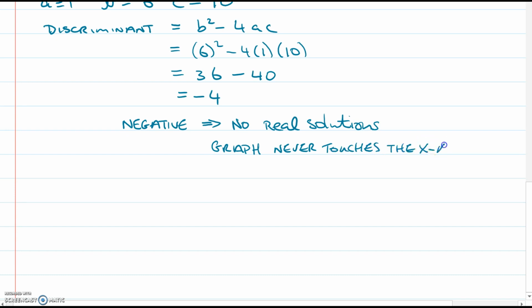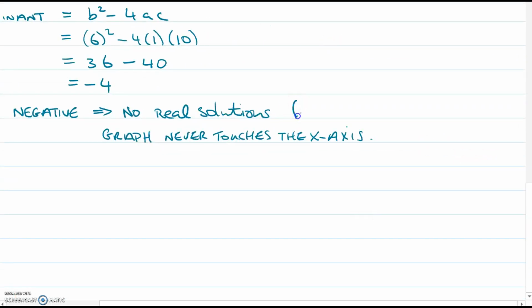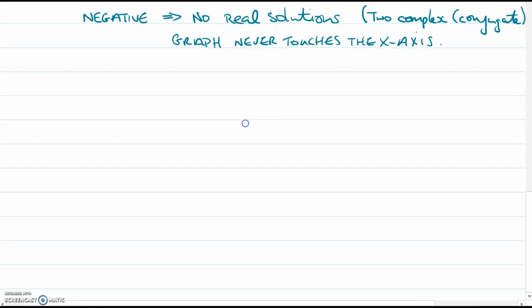When there are no real solutions to a quadratic, you know that there are two complex solutions, and they're going to be conjugate solutions. So if we were to draw this one, it would go something like this. The graph never touches the x-axis.